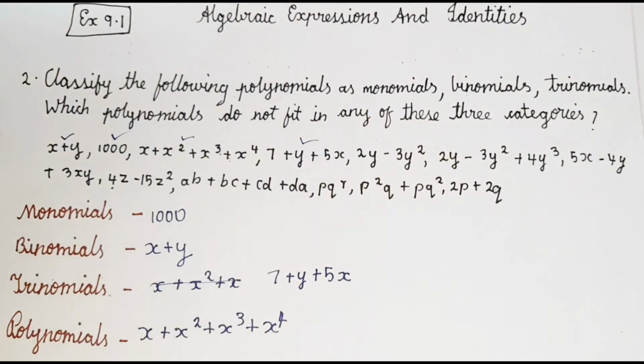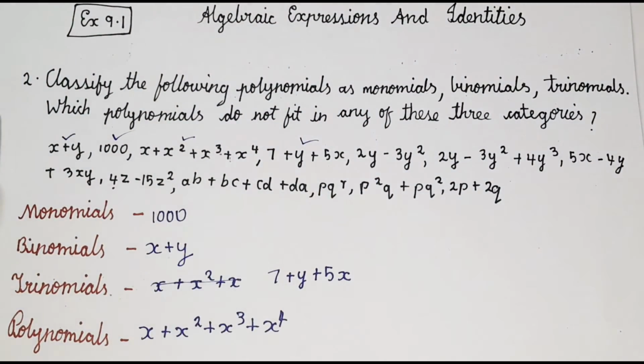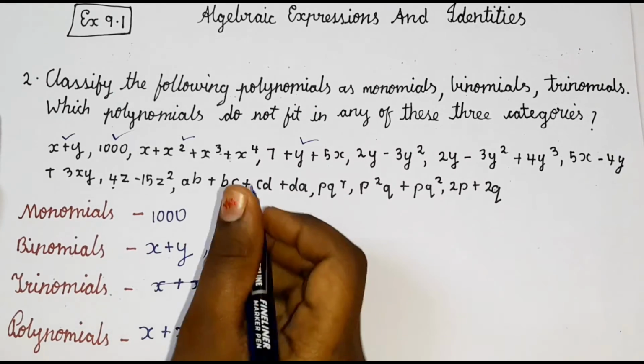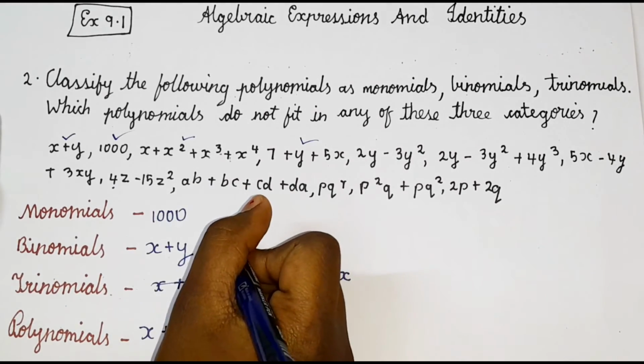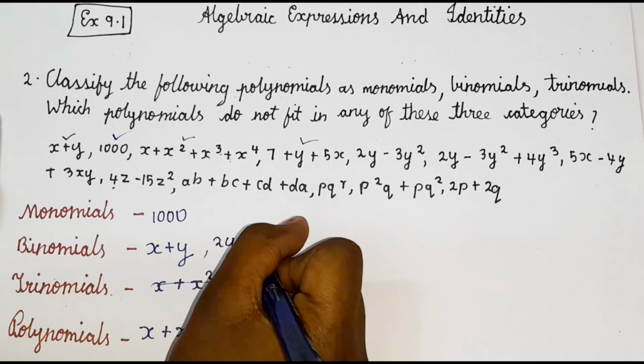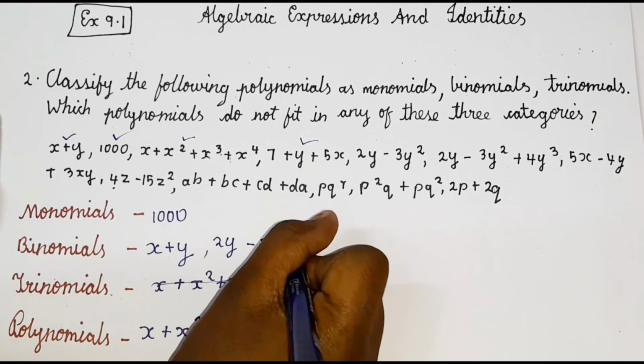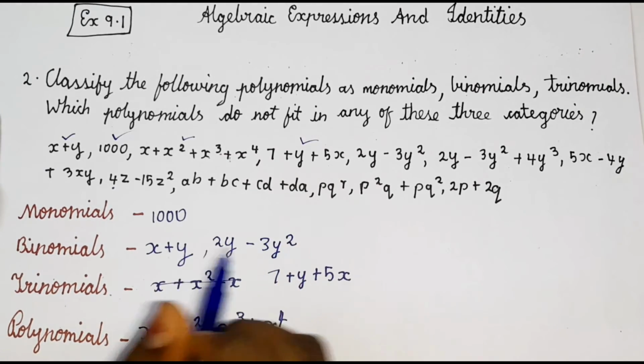So next we have 2y minus 3y square. So here you guys can see we have two terms, am I right? So two terms means, of course, it is a binomial.